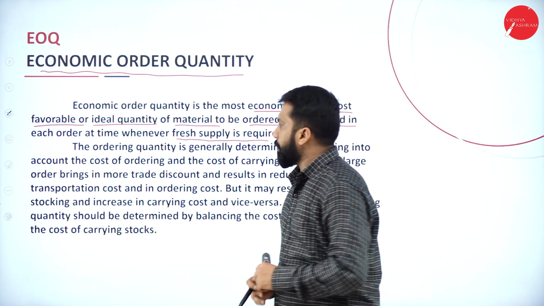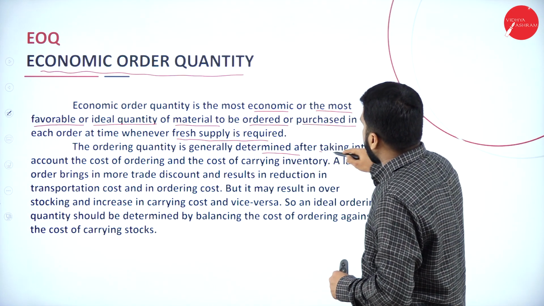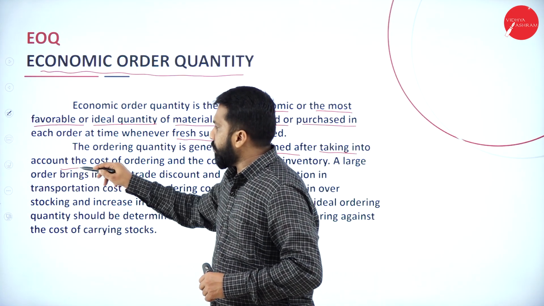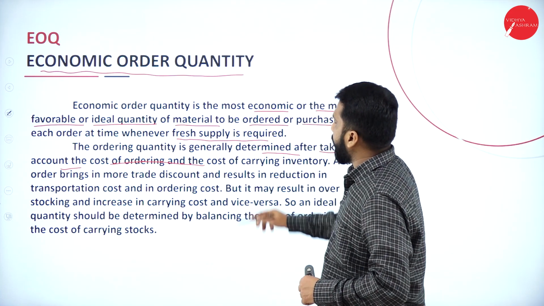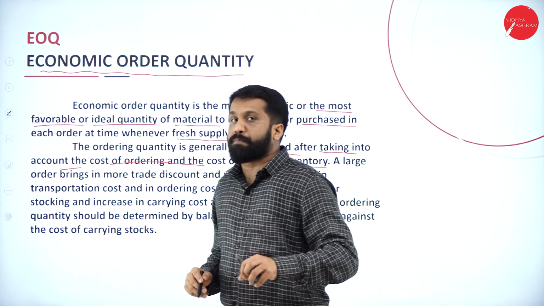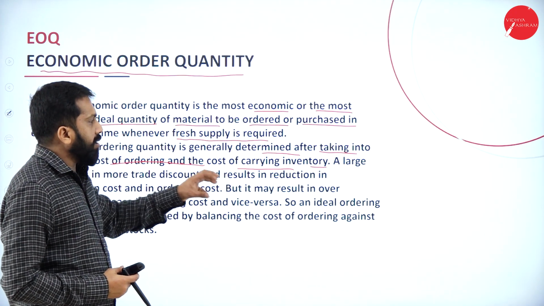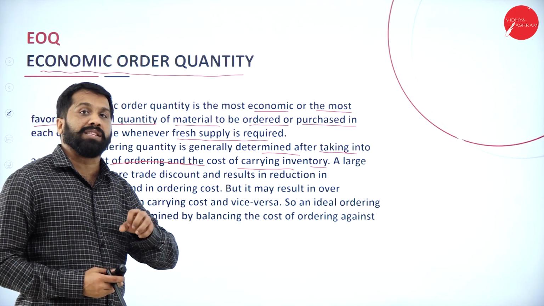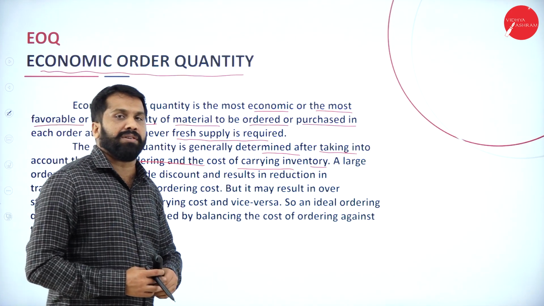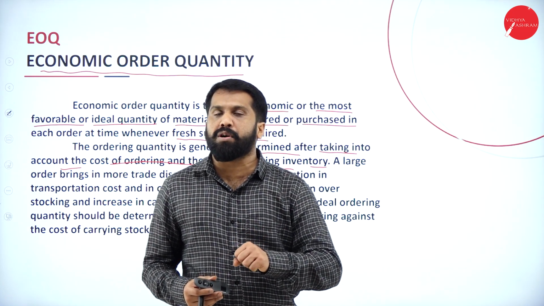The ordering quantity is generally determined after taking into account the cost of ordering and the cost of carrying inventory. So at the time of purchase, both the ordering cost and the carrying cost are incurred. Why is there an ordering cost? If you want to purchase something, you are supposed to order.